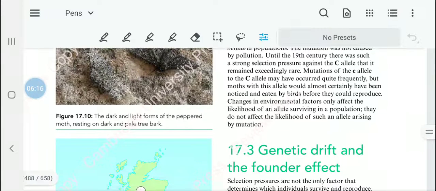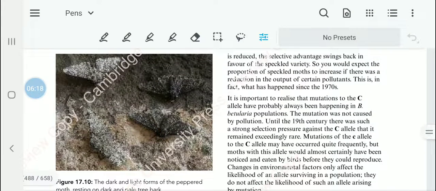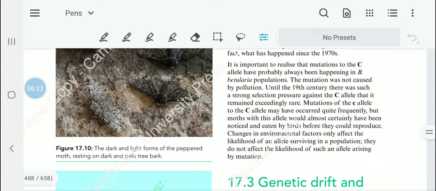This pressure resulted in them developing this mutation, and that resulted in them being more common. The dark moths being more common was what we saw as a result of that. Write down a note on this.